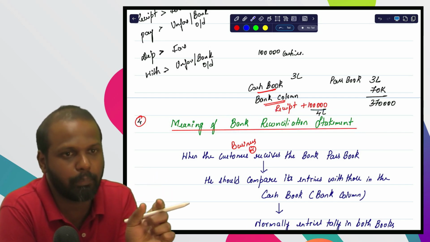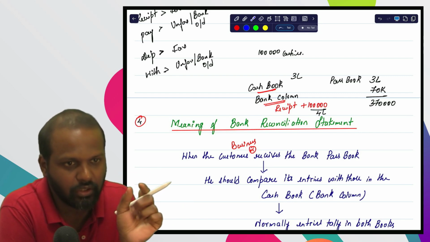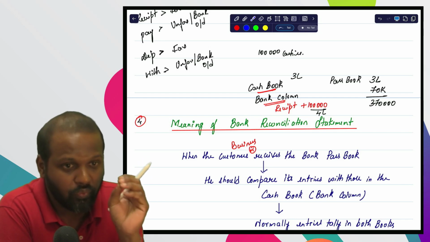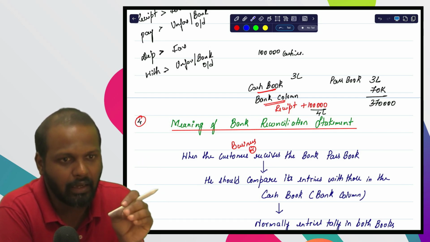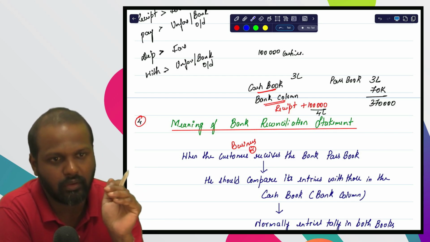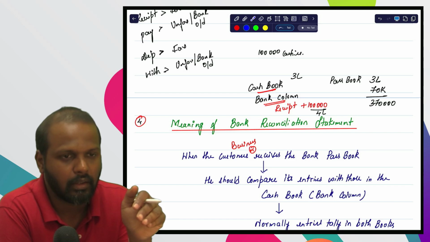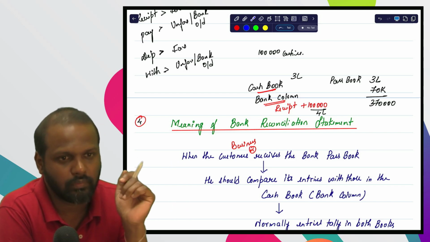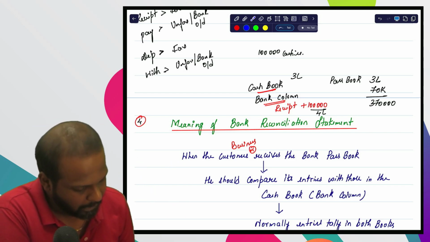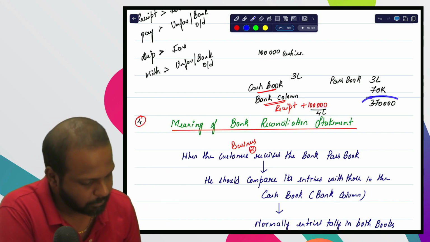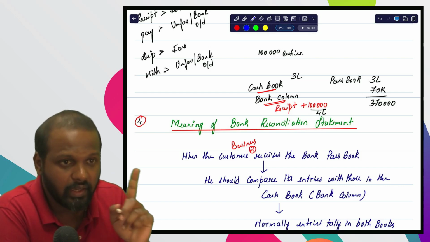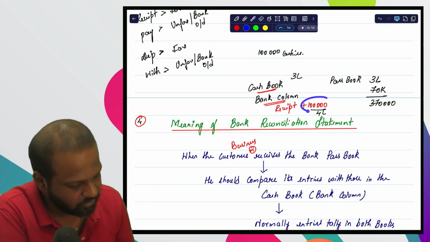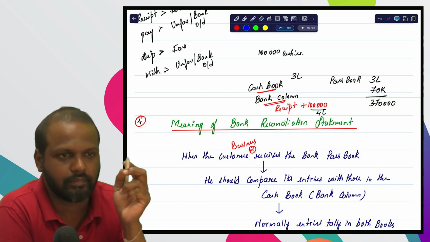Statement means a sheet of paper where we are going to write the reasons why the bank balance as per cash book is not tallying with the bank balance of the passbook. So here the bank balance is 4 lakh, here the bank balance is 3,70,000. So there is a difference in the bank balance. Why did that difference happen? Because there is a difference in the entry recorded.